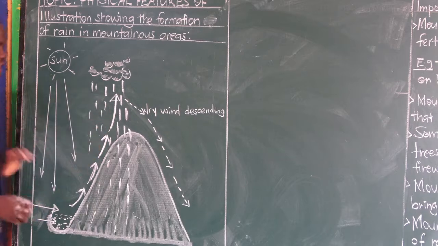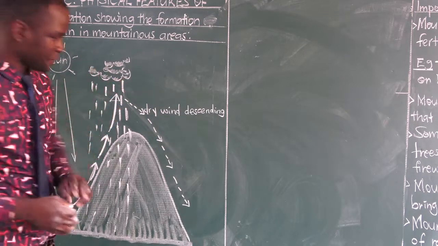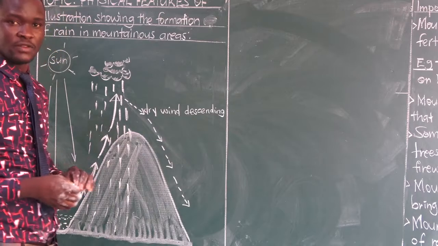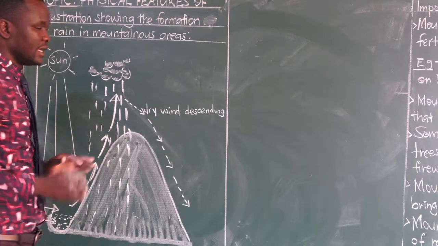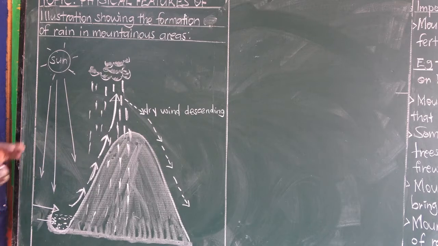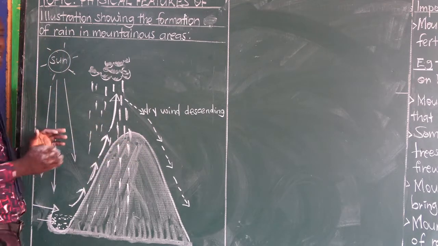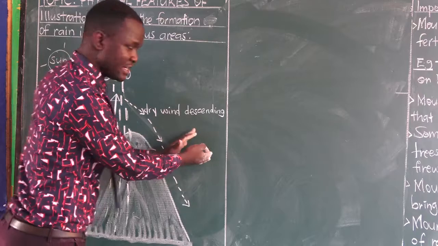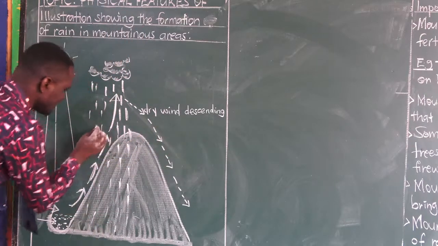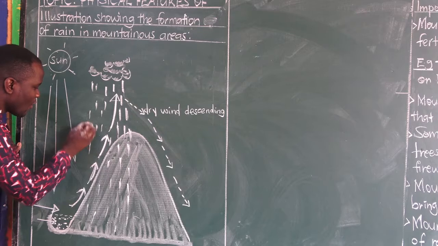Which means we need also to understand that a mountain has got two sides. When they ask you for the sides of the mountain, there we look at the formation of rain in mountainous areas. There is a side of the mountain which receives the rain, and then there is this side which does not receive the rain. Now, the one which receives the rain is the one we call the windward side.